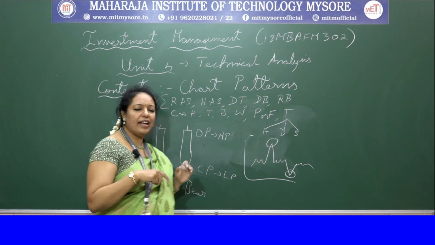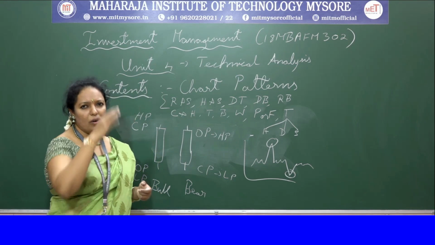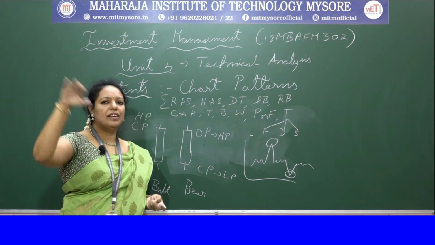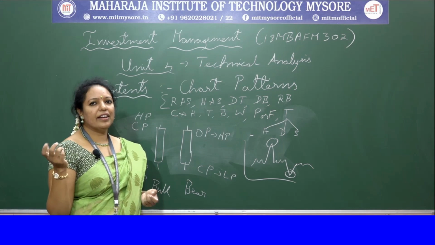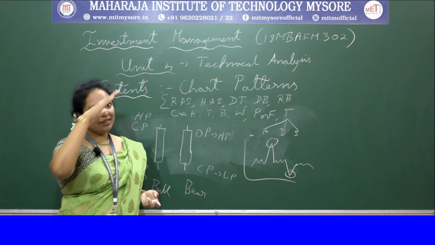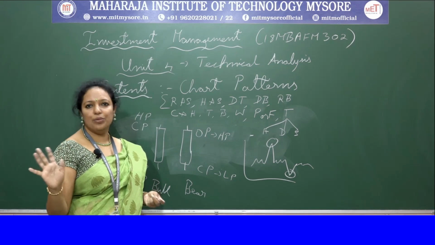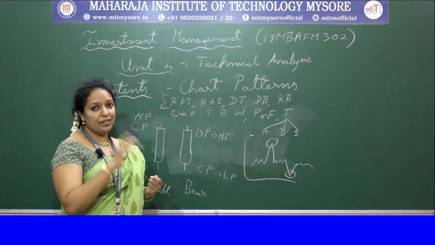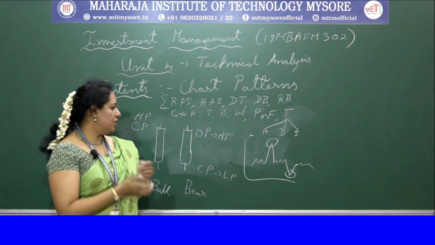An ascending triangle is where the common tops form a straight line, and the support level moves upwards. A descending triangle is where the support level is constant and the resistance level has a downtrend. And a symmetric triangle is where the support and resistance levels meet each other.